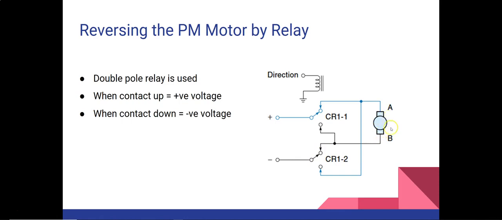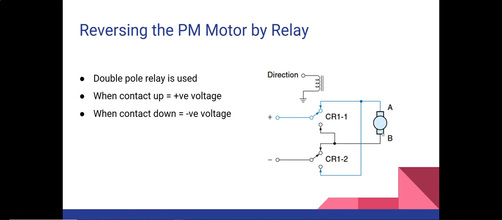Now if you want to change the direction, then by simply putting the contact to the other side of the terminal, you can change the direction. So if you put this contact to this terminal, and the same with this one to this terminal, then what is happening? In that case the negative supply will go to this terminal of the motor, which is the A terminal, and the positive supply will go from here and then to the B terminal.